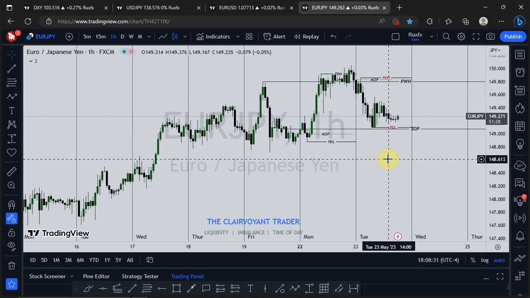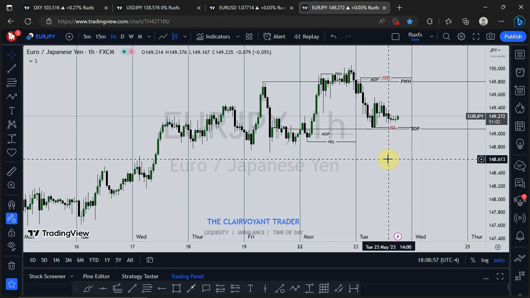I was really expecting some volatility in the market, but it didn't happen that way. We didn't really see much price action on that. So let's wait and see what is going to happen Wednesday, as at the time of this recording. So that is just that for EURJPY.